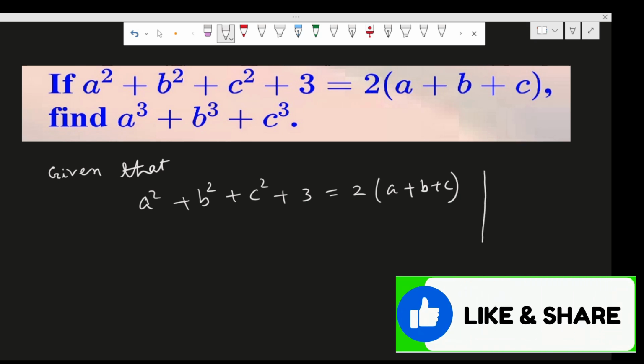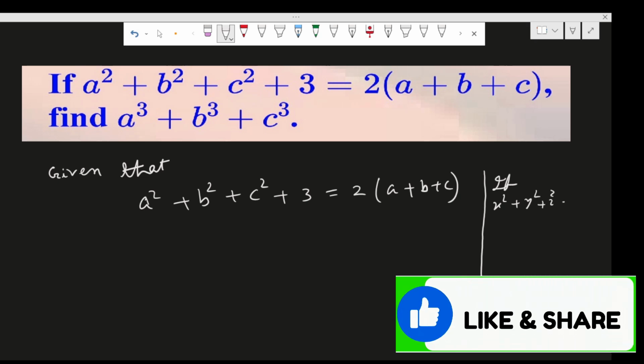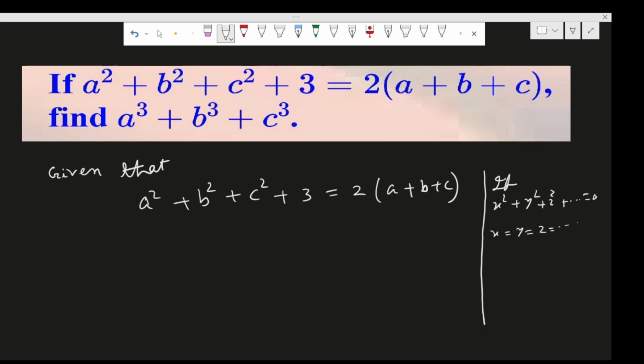One formula: suppose x square plus y square plus z square and so on is equal to 0, then x is equal to y is equal to z, all are zeros. So if we are able to express the sum of squares of some algebraic expressions equal to 0, then each expression will be 0. Let us try.